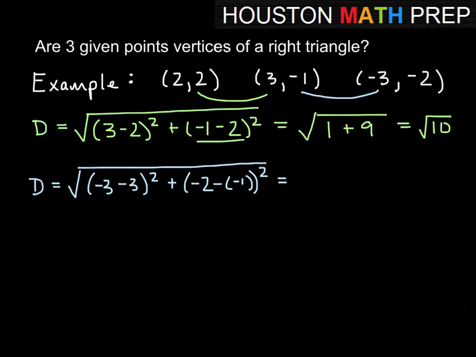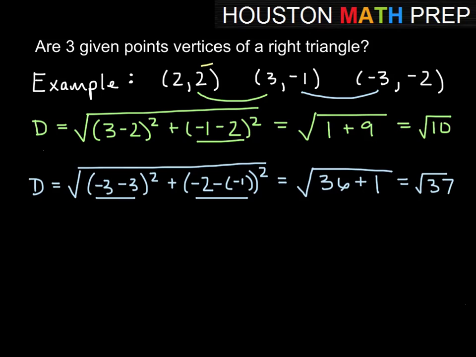And that equals, so we have negative 3 minus 3 is negative 6. Square that, we get 36. And then we have negative 2 minus negative 1, so like negative 2 plus 1, which would be negative 1. Square that and we get a positive 1. So that gives us square root 37.